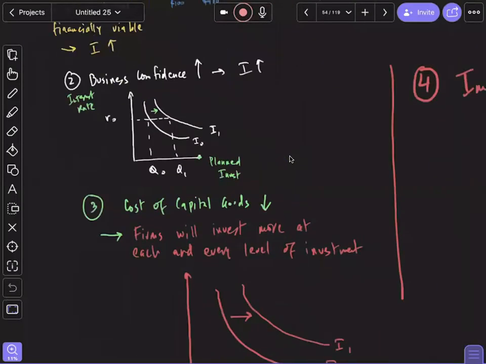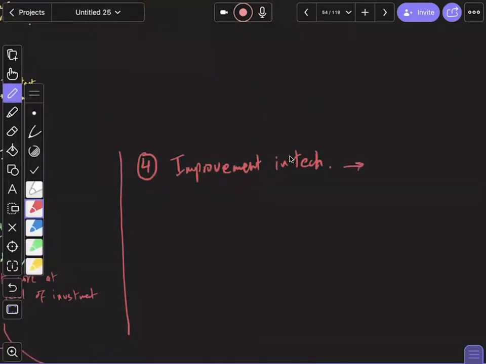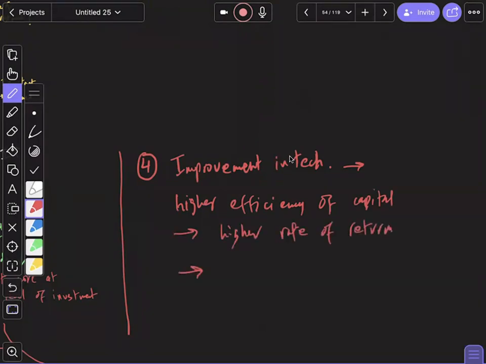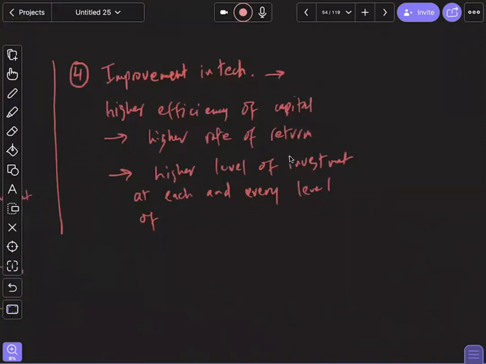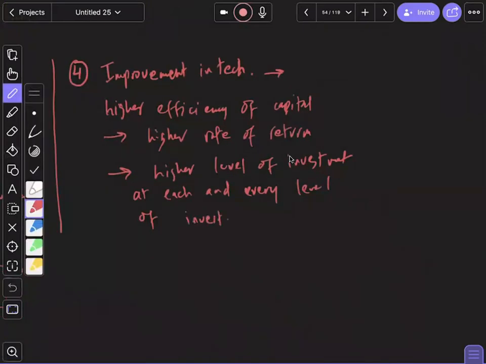Make sense? And that basically means improvement in technology means higher efficiency of capital, which means higher rate of return, which basically means a higher level of investment at each and every level of, sorry, actually, each and every level of interest rates.